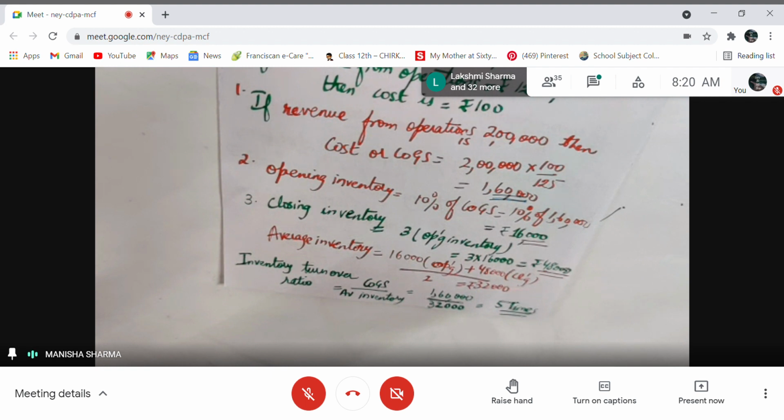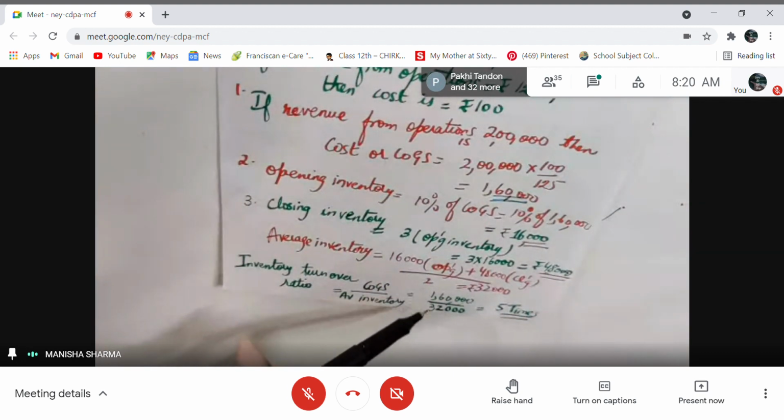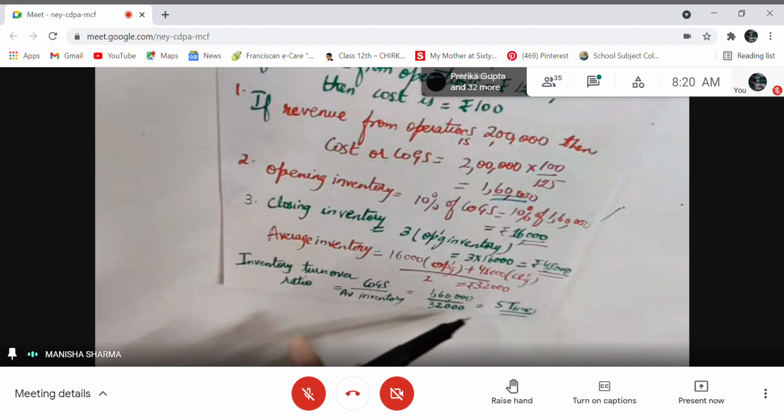By using the unitary method, the COGS value came out to be 1,60,000. Average inventory we just calculated as 32,000. So dividing 1,60,000 by 32,000, I get the inventory turnover ratio as 5 times.